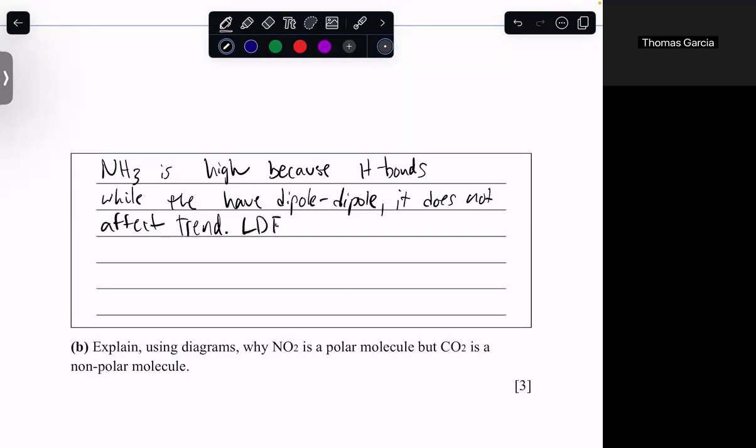London dispersion forces causes the increase from phosphorus to antimony. So we need to say London dispersion causes the increase as antimony has more electrons, greater force.